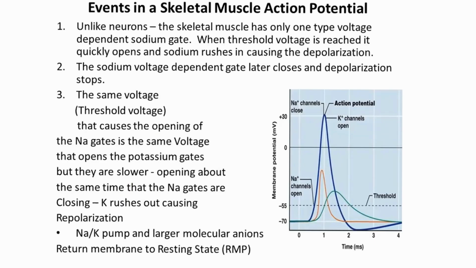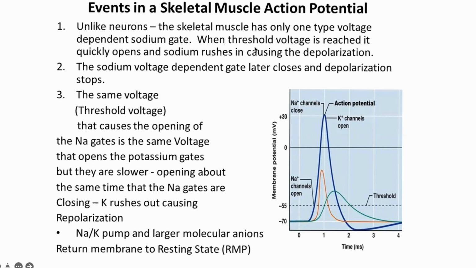Unlike neurons, the skeletal muscle has only one type of voltage dependent gate. I didn't mention, but the voltage gate can be active, inactive, or rested. So when the voltage gates, for example in the neurons, are activated, at the end of the potential they have to become deactivated in order for the potassium channel to be open.